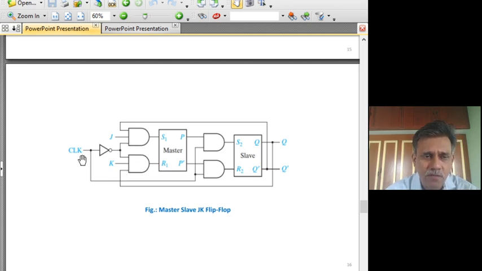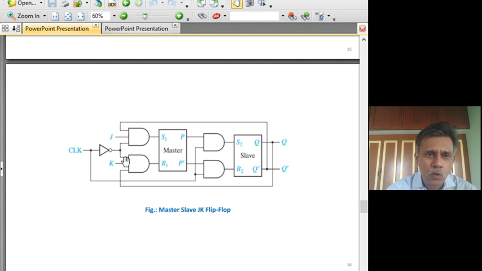There is a clock which is fed to the enable signals of both the master and slave latches. In this one, the clock is directly given to the slave, and its inverted version is given to enable the master, the inputs for the master SR latch.